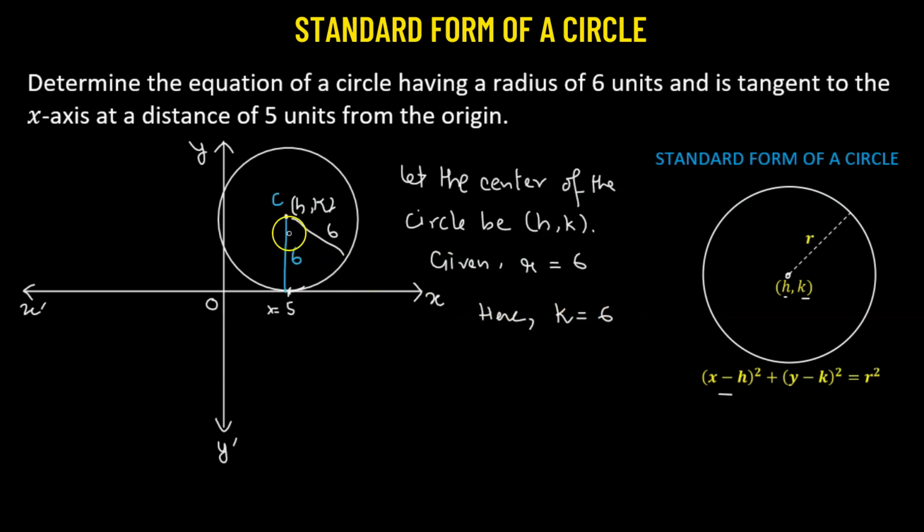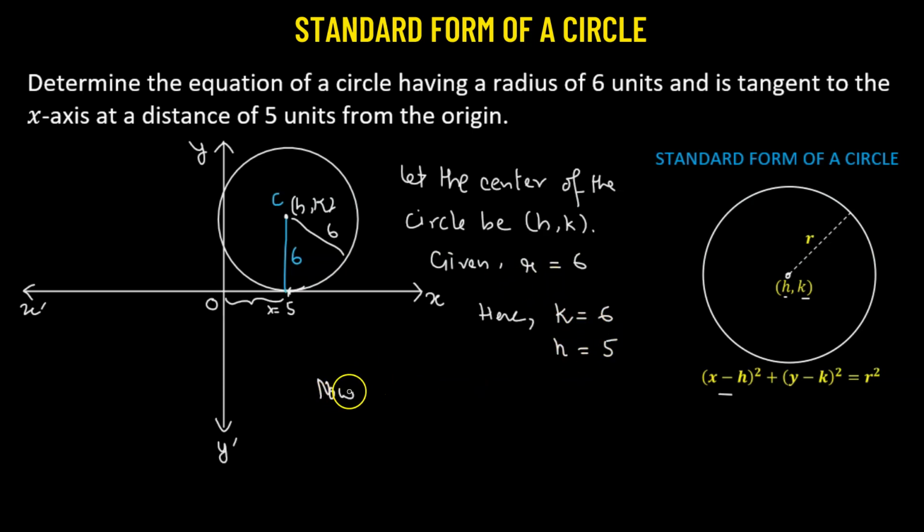Now our task will be to find out the x coordinate of the center. Now that's also easy, because it's given here that the x coordinate is 5, because the center is 5 units away from the origin. So since this distance is 5, we have the h value as 5 as well. Now that we have the value of k, h as well as r, we can use the standard form.